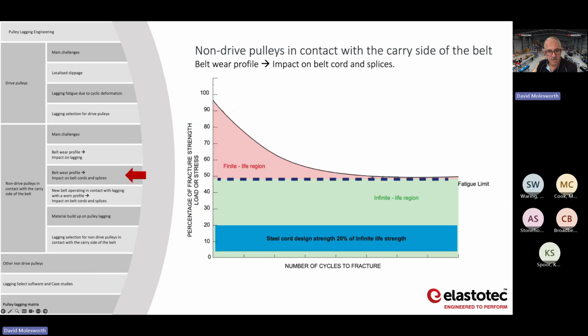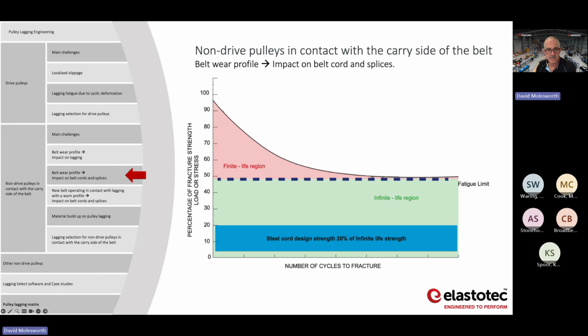So this graph is basically a graph of the fracture strength, or load stress, for the steel cords in a belt on the vertical axis. And then across the horizontal axis is the number of cycles to fracture. So you have this region which is called the infinite life region, where you can have as many cycles as you like and the cords won't break.